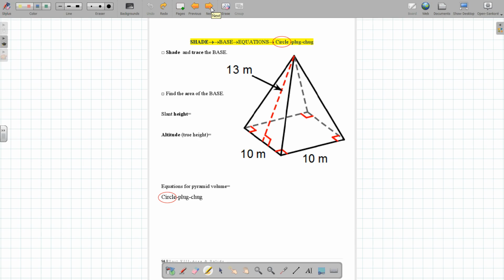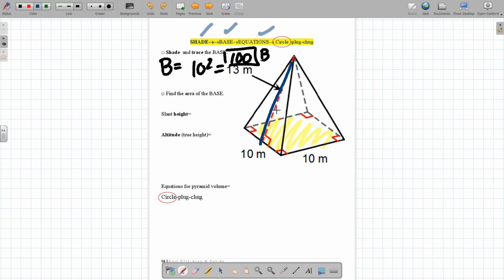This one, we want the volume, so we shade the base. It is a square. So our base is basically 10 squared, which is, of course, 100. Then we have here our slant height is 13. If we go in this way, that's 5.